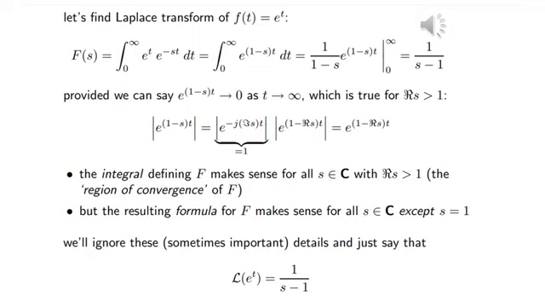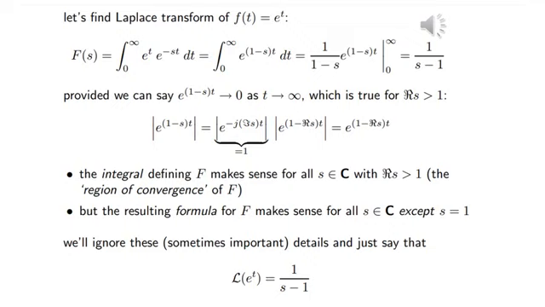We can say that e raised to power 1 minus s times t tends to 0 as t tends to infinity, which is true for real values of s greater than 1.